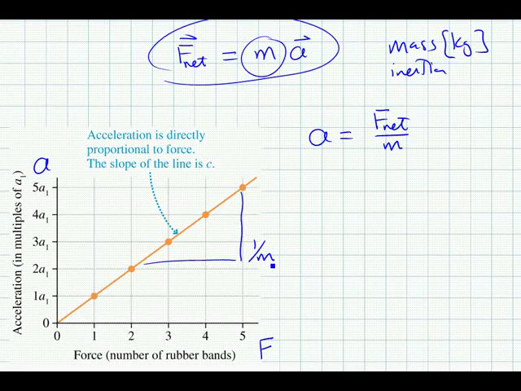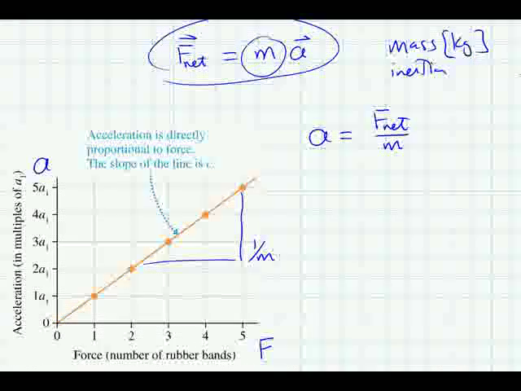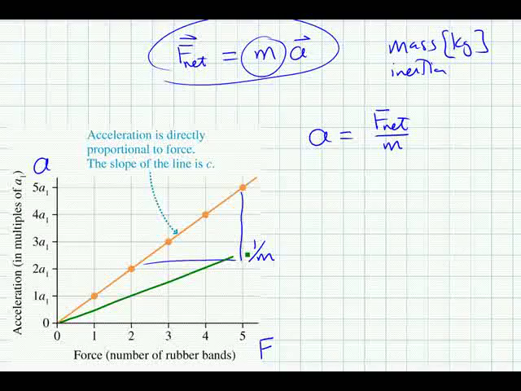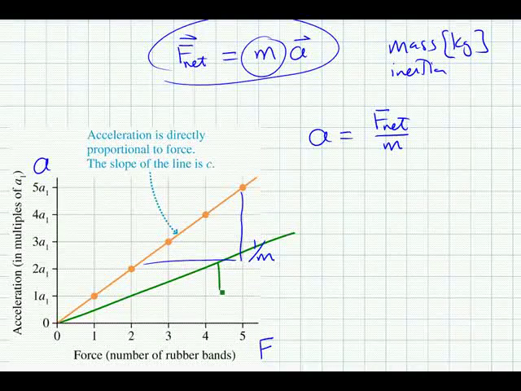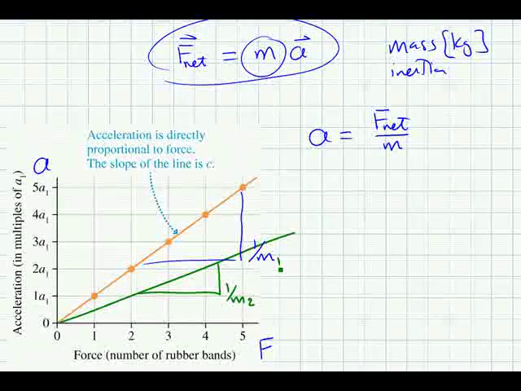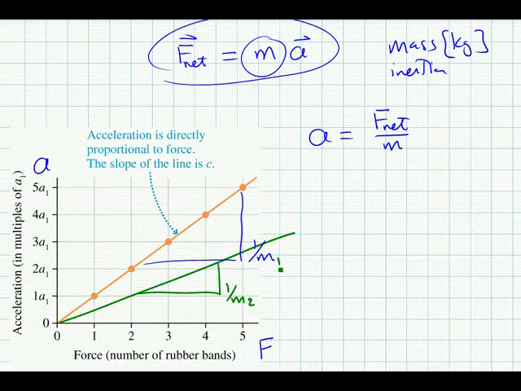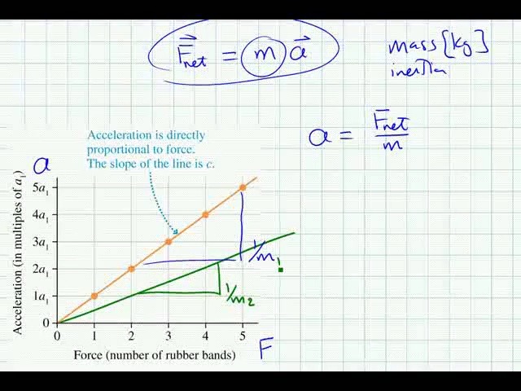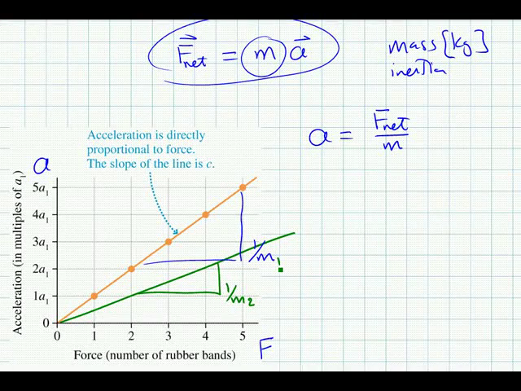If you now double the mass of the object, you'll end up with a line which has half the slope. So here we have 1 over m2, and this was m1, let's say. So m2 has double the mass, so its slope is 1/2 of that of the orange line.